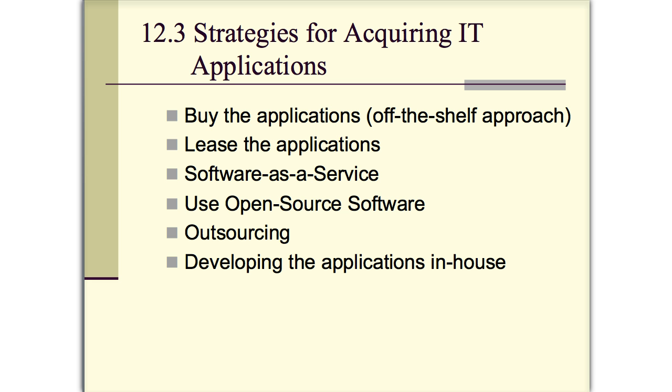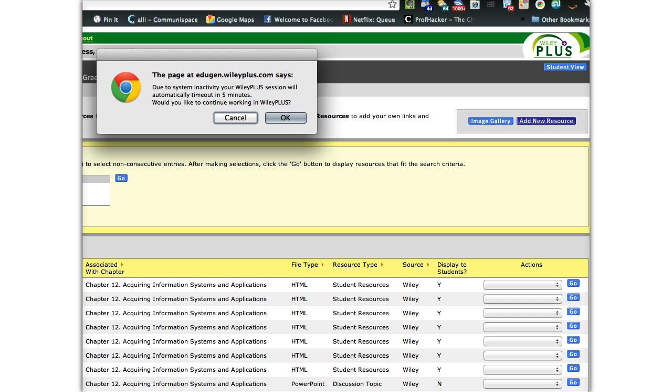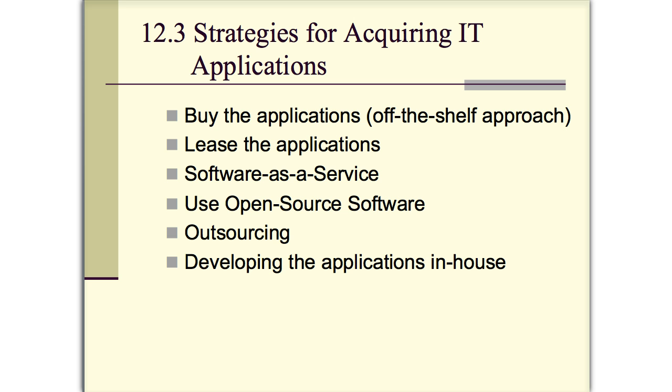You can lease applications. When you're leasing applications, you don't actually own the application. You're leasing it from somebody else. With this idea of software as a service, the vendor themselves host the application.